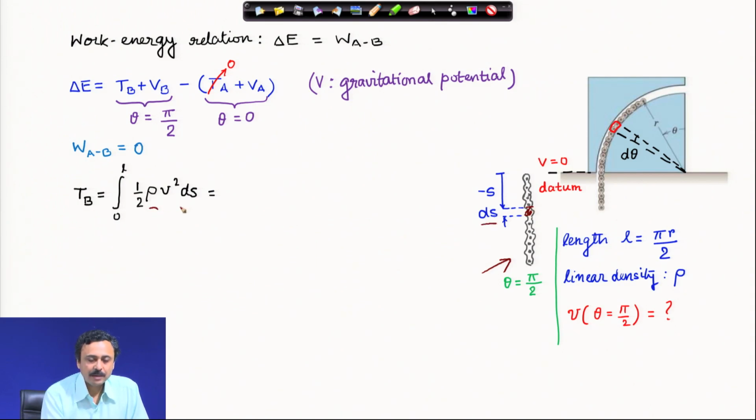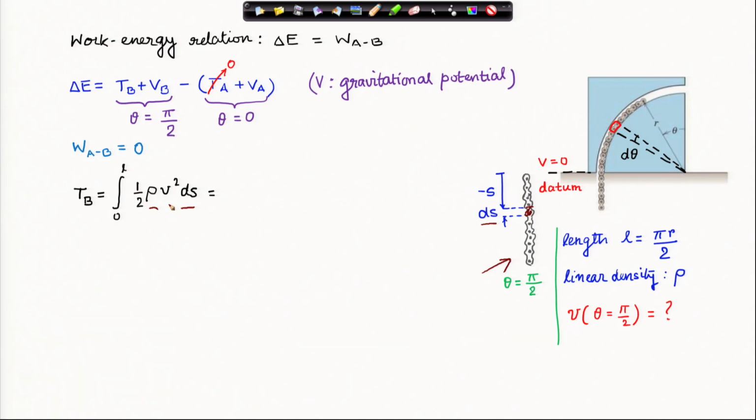Then rho times ds, where rho is the mass per unit length, is the mass of this little element which I have marked out. Half of mass of little element times velocity square is the kinetic energy of this little element, and if I integrate this expression from 0 to L, that will give me the total kinetic energy of the chain.